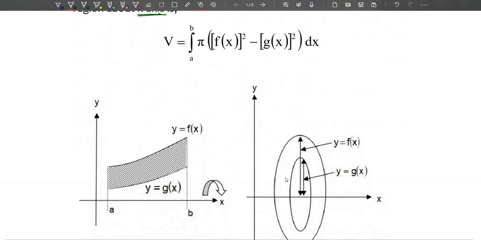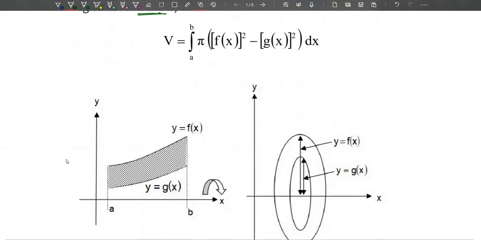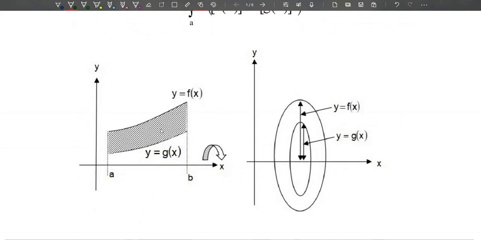So, for example, we have this type of figure. When we rotate it about the x-axis, this would be the image for this figure. As you can see, it is similar to a donut, right?